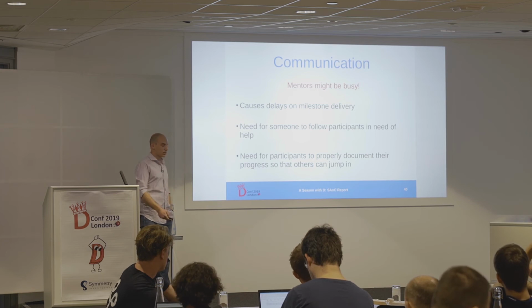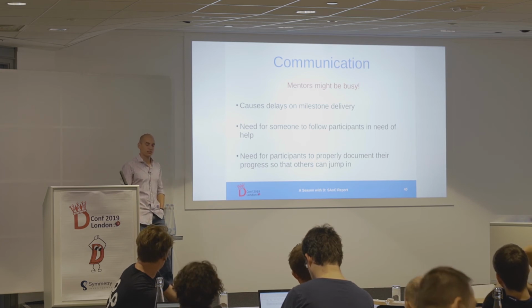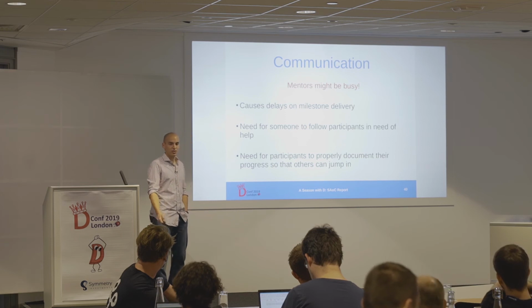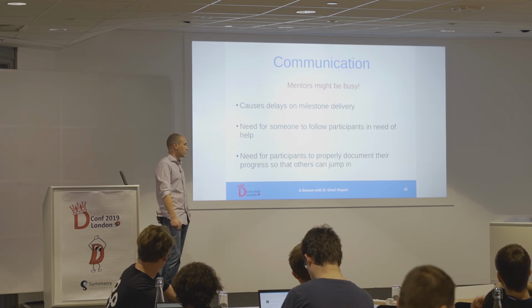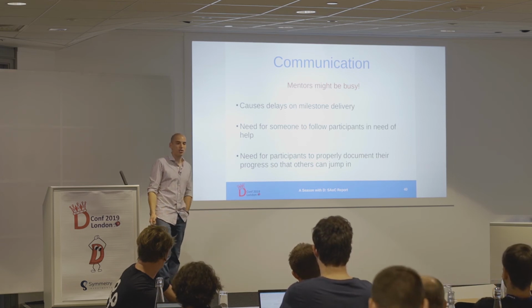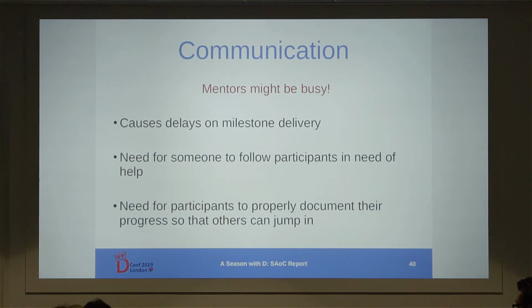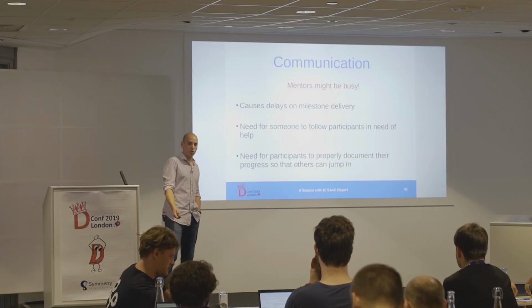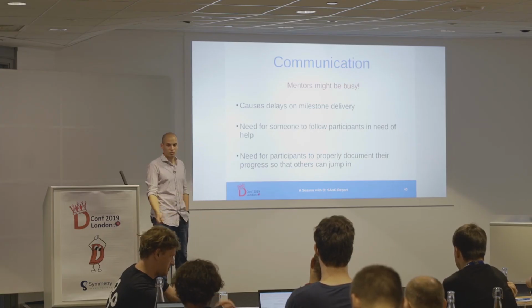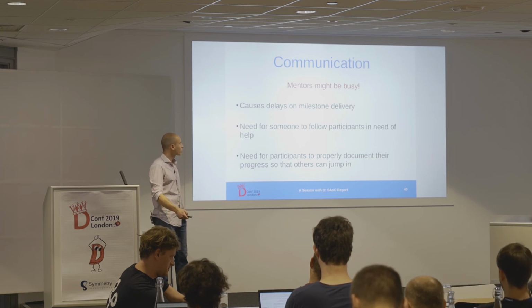And if a participant is in need of help because his mentor cannot help him, or cannot provide all the knowledge he needs, there's the need for someone else. One thing we can do about this is encourage participants to document their progress, so that other people can jump in and help them, knowing whatever they did in the previous months or days or weeks of work.